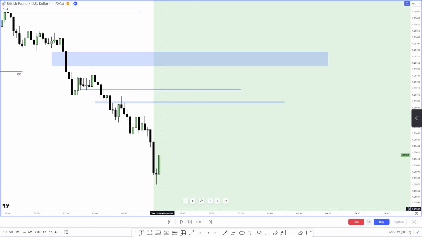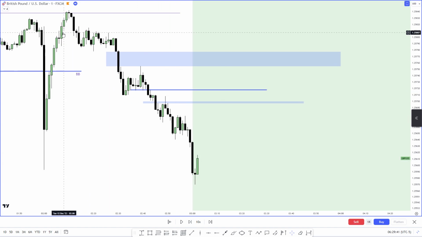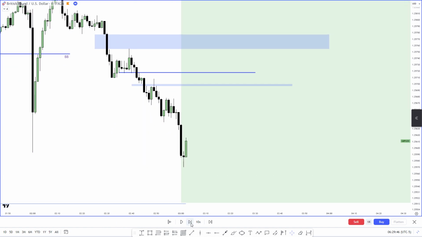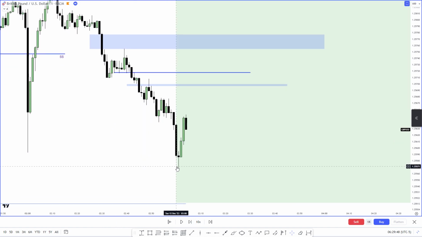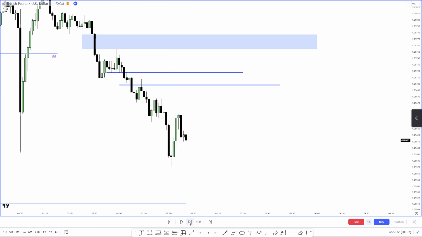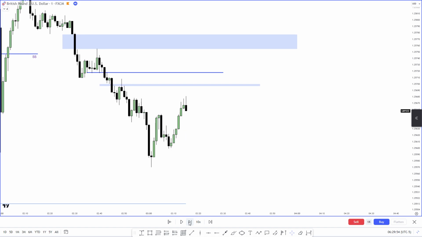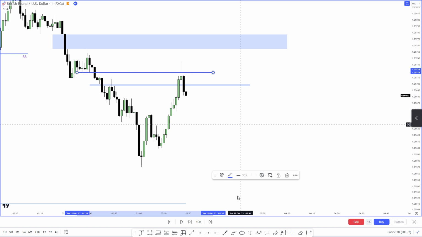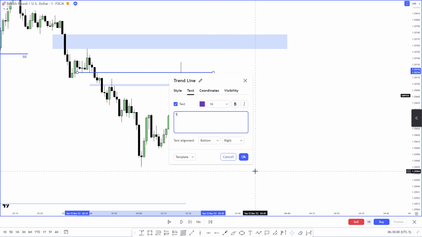Now we are within Q3, right? We are within the Q3 range. Let's see. Can even remove this now because we are aware of it. Price goes higher. It taps the 5 minute bearish order block.